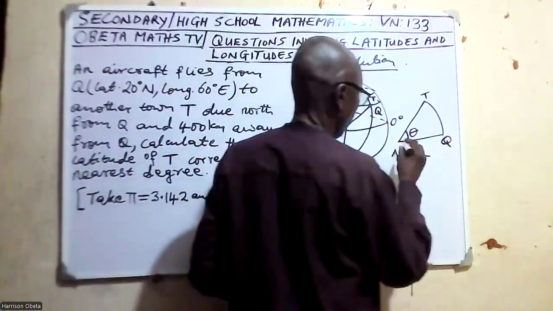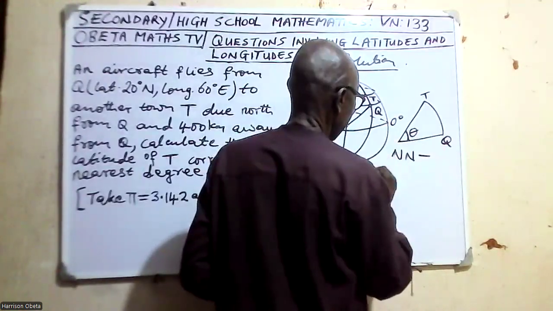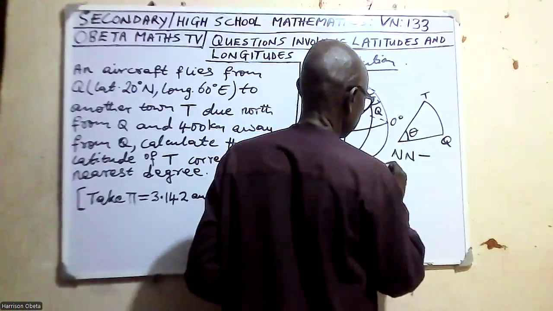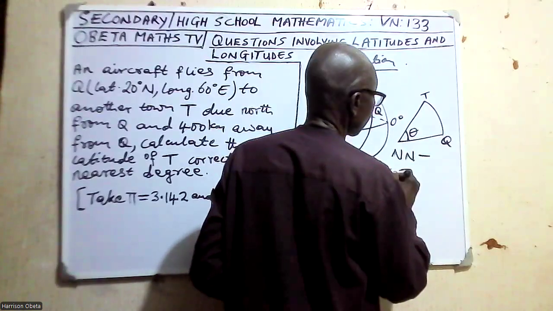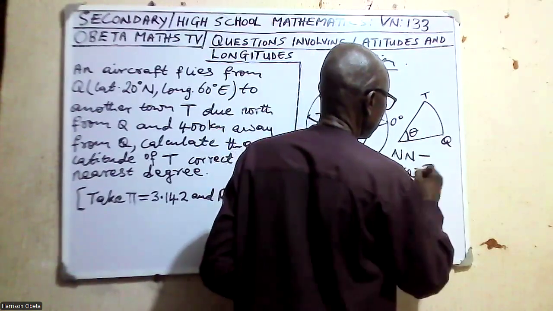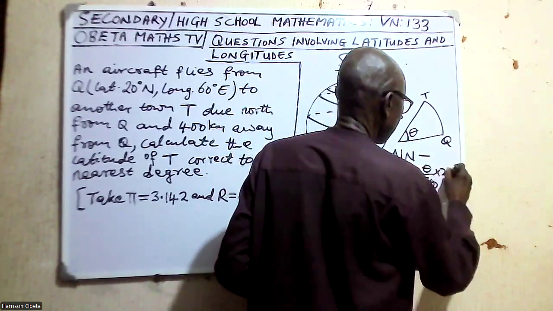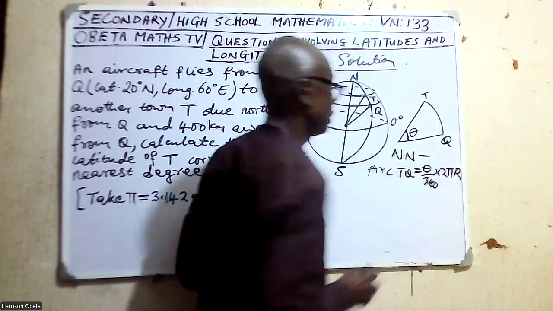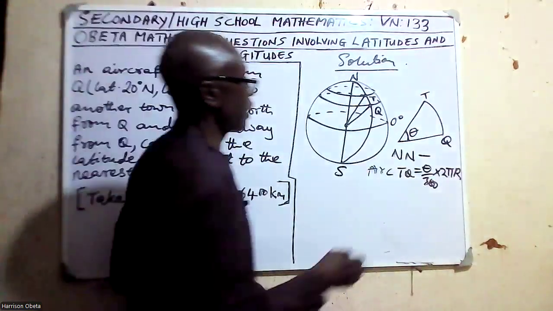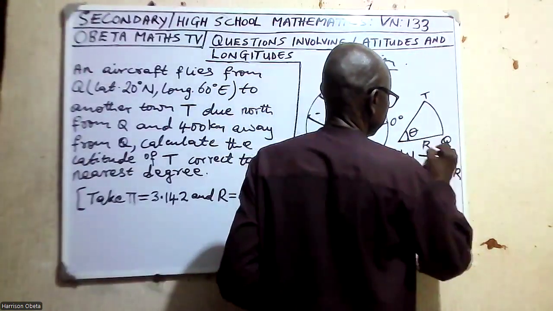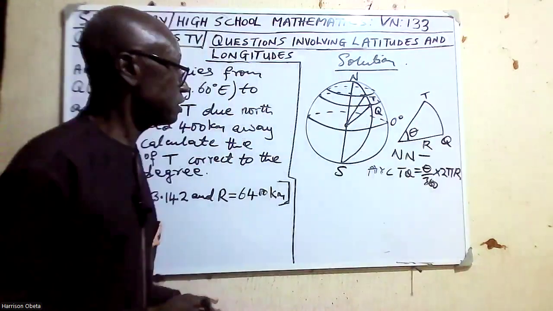So let's continue. We know that arc TQ is equal to theta over 360 times 2 pi R, because we are talking of capital R. That's the radius of the Earth.